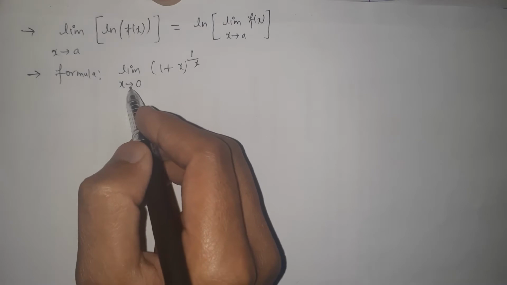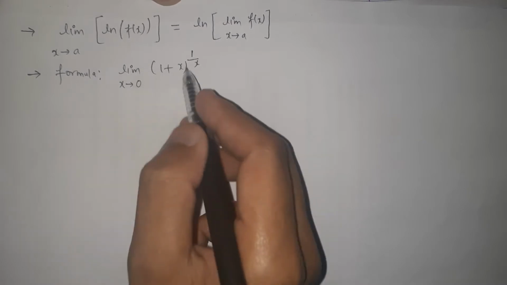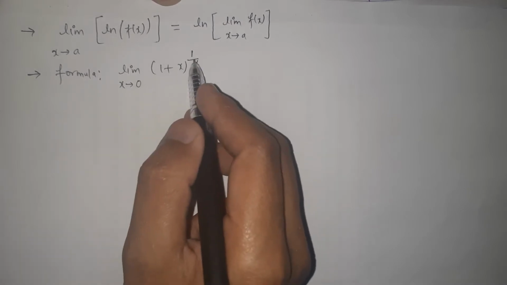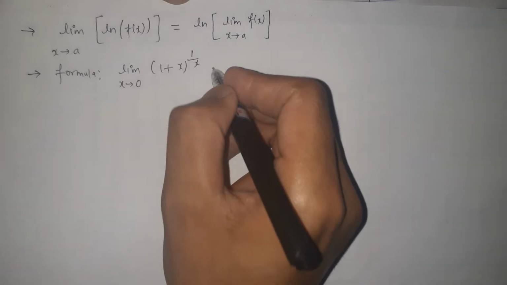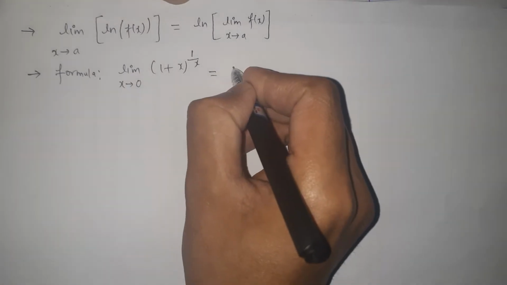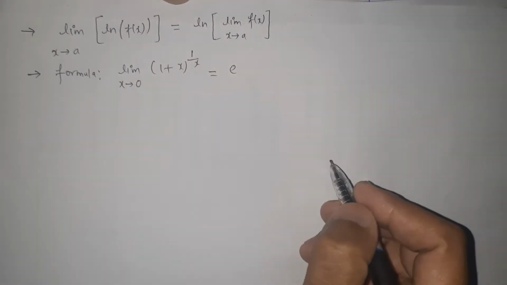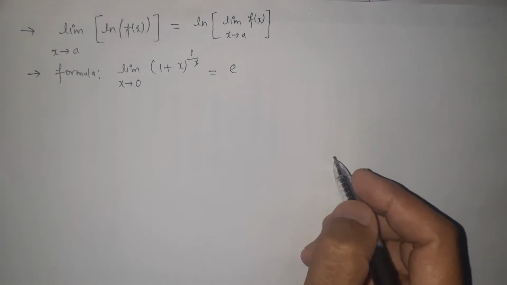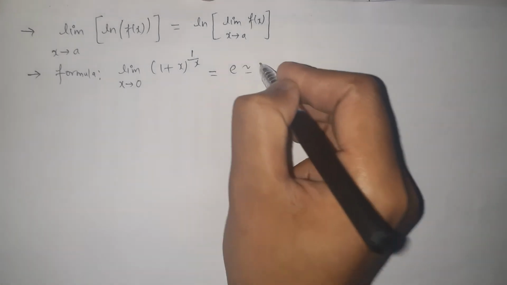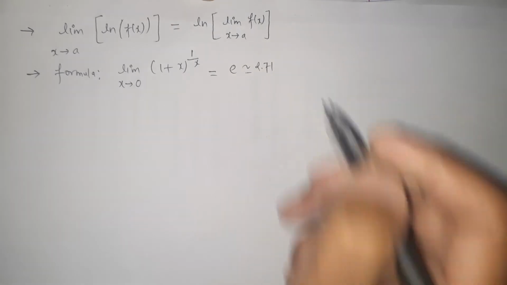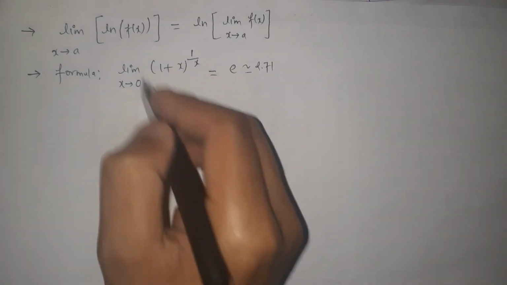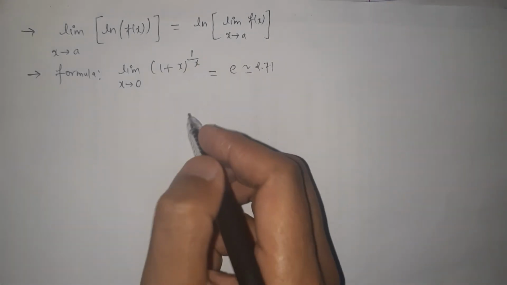If x approaches 0, then we take the limit of the function 1 plus x raised to the power 1 over x, and this gives the Euler number E. E is the Euler number, whose value is nearly equal to 2.71. It is the definition of the Euler number.